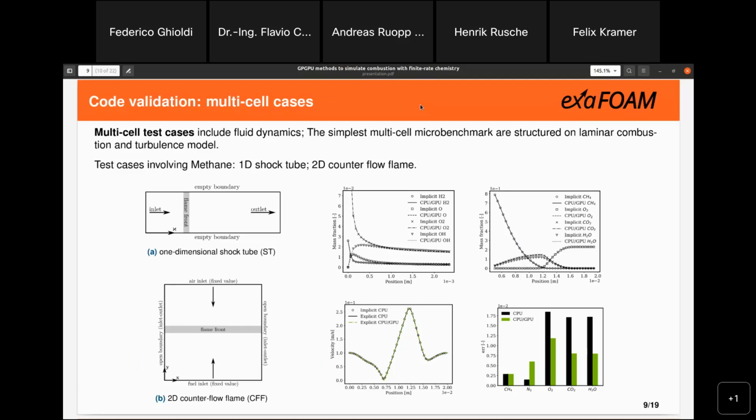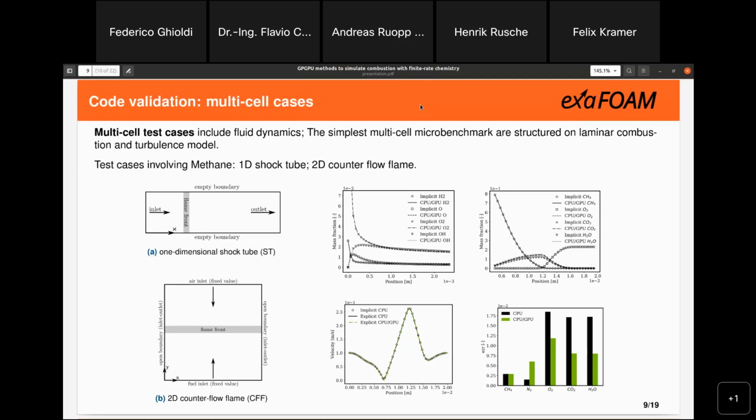Okay, so then once we had verified the correct result produced by the single cell batch reactors, we moved to, let's say, micro benchmarks, okay, which are multi-cell cases.